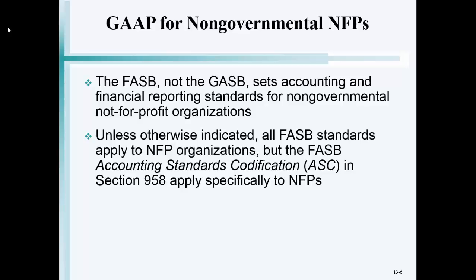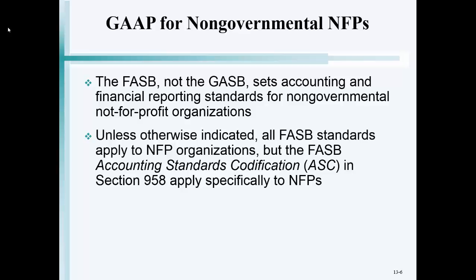If you want to know something about presentation and disclosure, you go to 45, and then whatever the specifics are that you're trying to find will be in whatever the specific paragraph information is. So the codification still works the same for not-for-profits. We simply need to realize that we need to look into what? 958 is the area of the codification where everything about not-for-profits is contained.